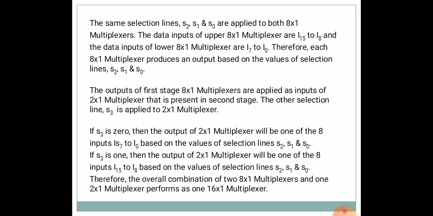The output from these 8x1 multiplexers will be taken as input for the 2x1 multiplexer, which uses only one selection line, and based on it we can take either of the input values as the output Y.